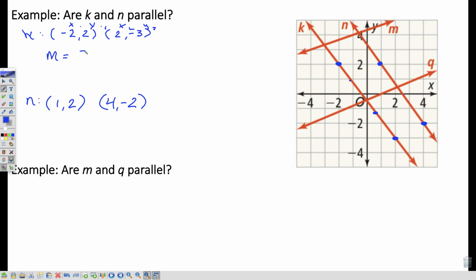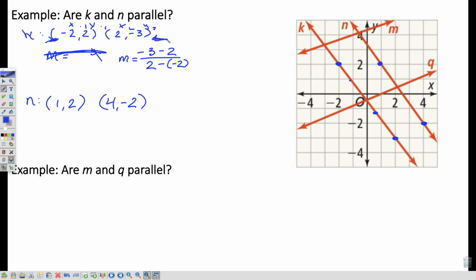So it's going to be -3 minus 2 over 2 minus a -2. The second x, is that a 1 or a 2? The 2. This is point 1, this is point 2.